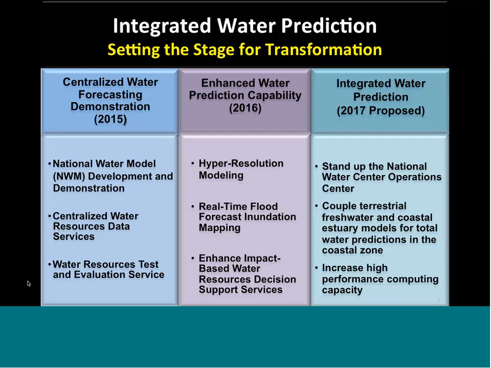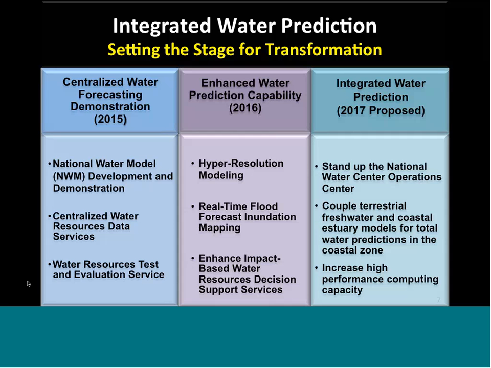It also included the scientific and developmental work to couple output from the National Water Model with modeling efforts undertaken by NOS, and potentially even by the Great Lakes Environmental Research Laboratory, GLERL, looking at the 4th coast or the North Coast in terms of the hydrodynamic circulation models necessary to represent critical water modeling elements in those regions. And then finally, in order to do this, coupling of the terrestrial, freshwater, riverine hydrologic modeling with the coastal applications, there were line items for increased high-performance computing capacity.